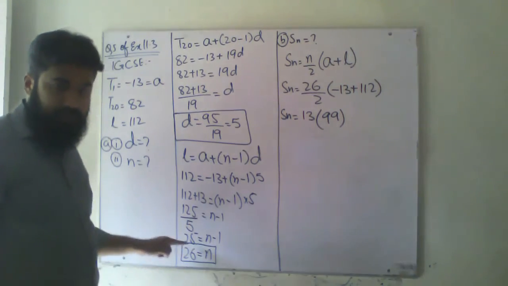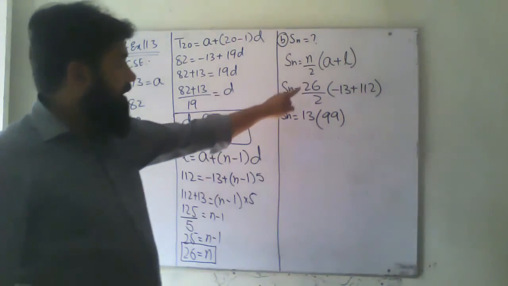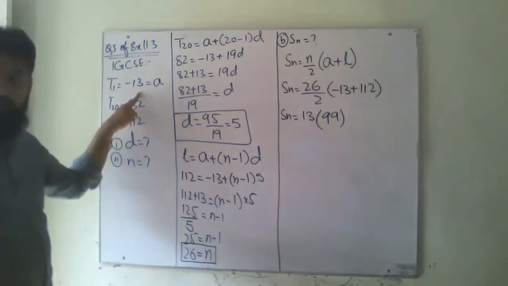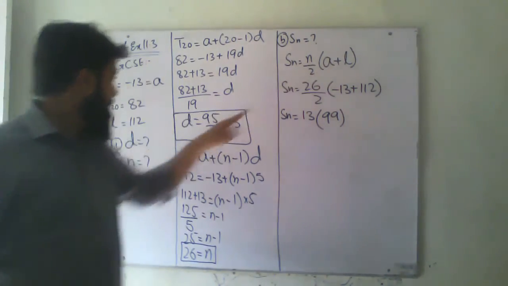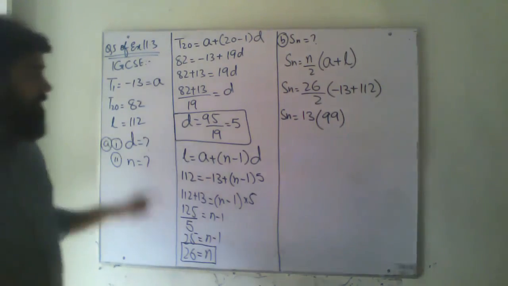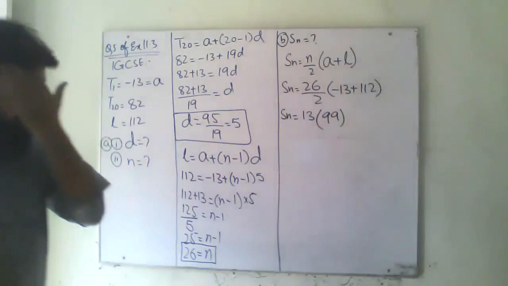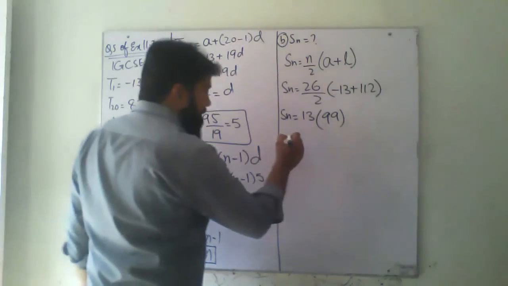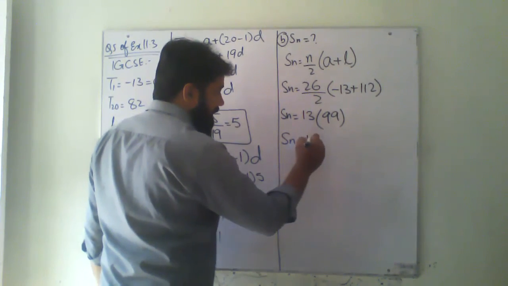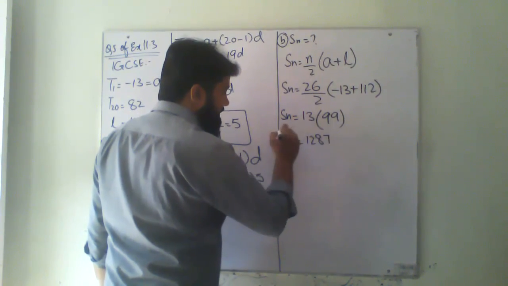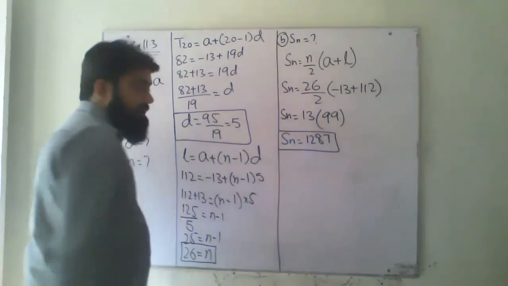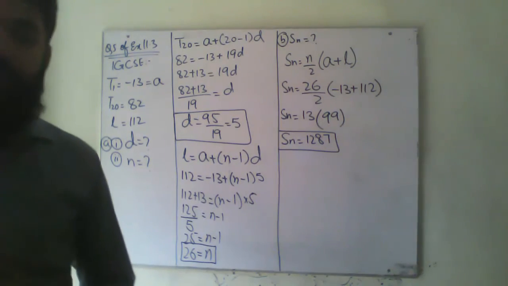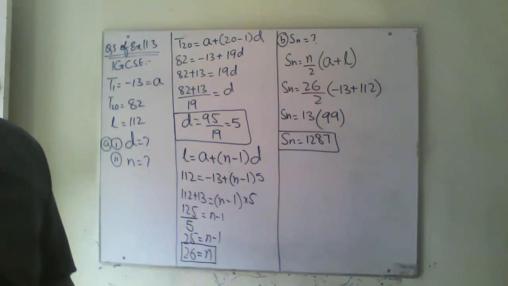This is my N given. A minus 13 was given. L 112 was given. And when I simplify it and solve it, my value of Sn is coming 1287. And that's my final answer of part 2.